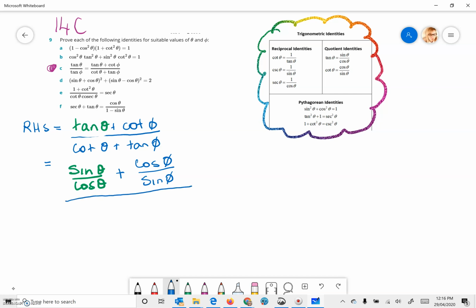Now that whole thing's divided by, I'm going to change this colour here, just so you can keep up with what's going on. That was a cot. So cot on the bottom, of course, is cos theta on sine theta, and this one I'll just do as black at the moment. So that was a tan. So that one is sine phi on cos phi.